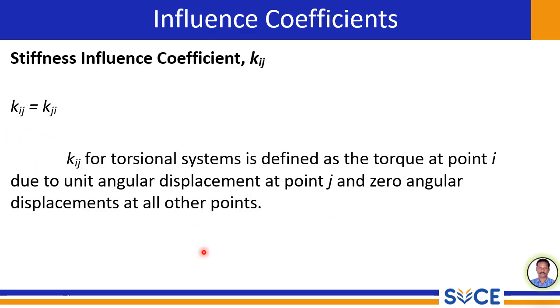In physical terms, as an example, K12 will be equal to K21. This reciprocity is a fundamental characteristic of linear elastic systems and can be very useful in simplifying our analysis.